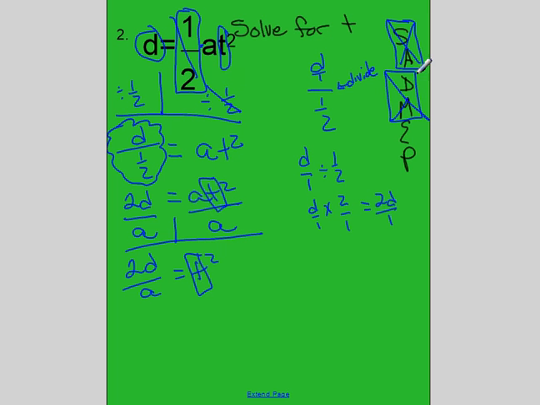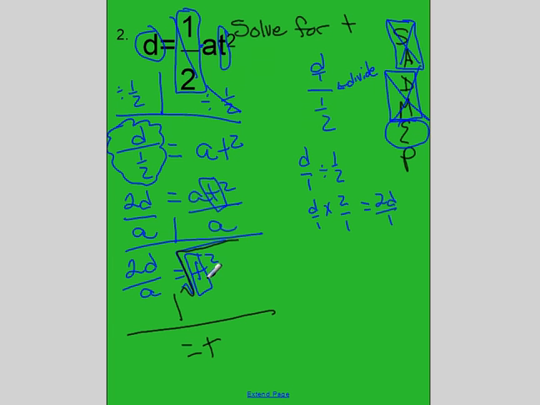I have finished my division and multiplication, but now I have to cancel out my exponents. In order to cancel out this t squared, you might remember this from a long time ago, all I have to do is take the square root. I'll do that in a different color so it's a little bit easier to see. A square root is going to cancel the squared and end up leaving me with just plain old t.